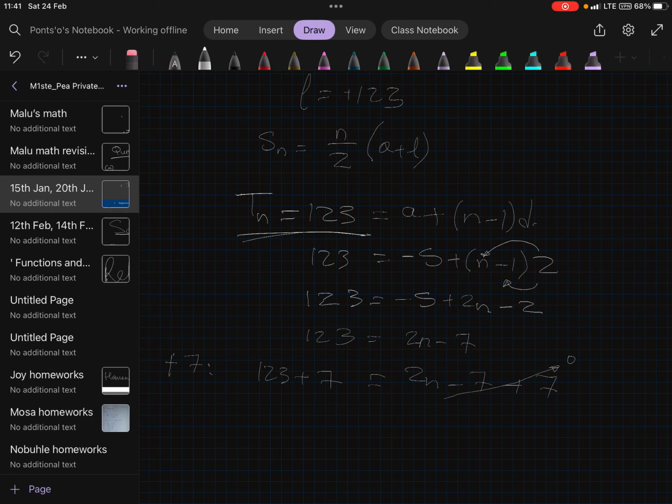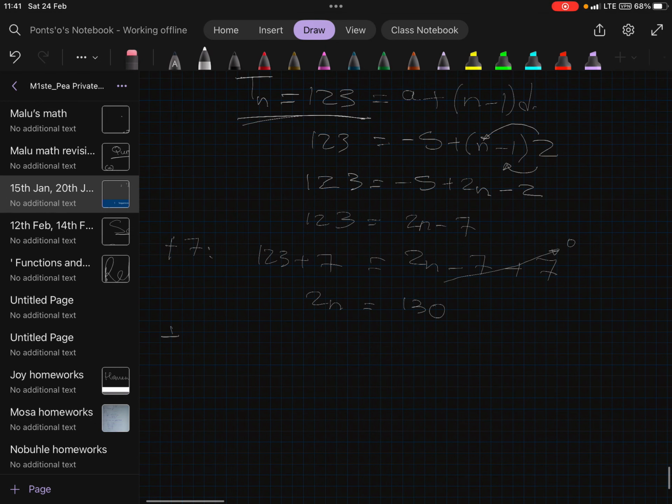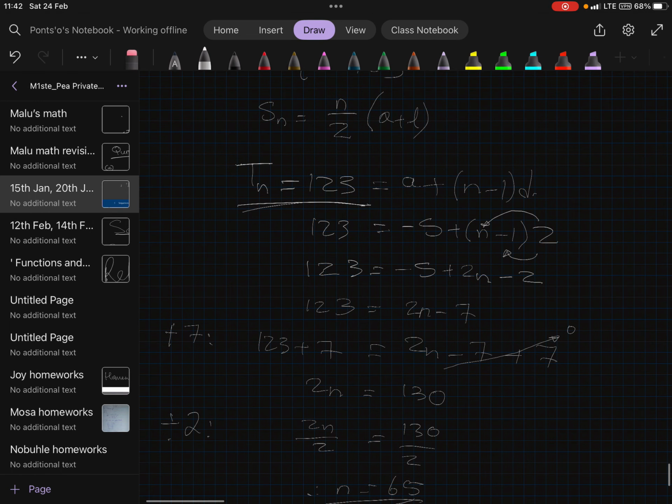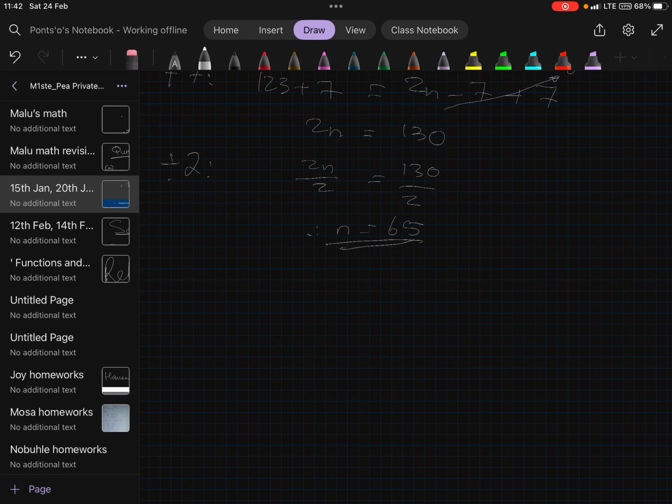These reduce to 0, and we have 2n equals 130. Then we divide both sides by 2, and n is 65. So term number 65 is 123, and the number of terms we're adding is 65 in total.